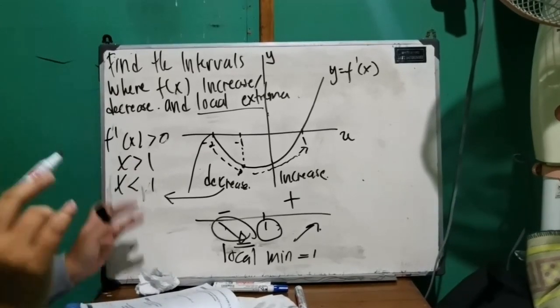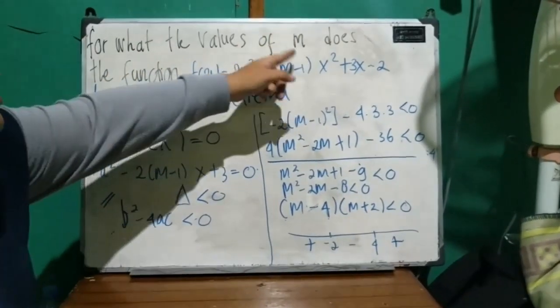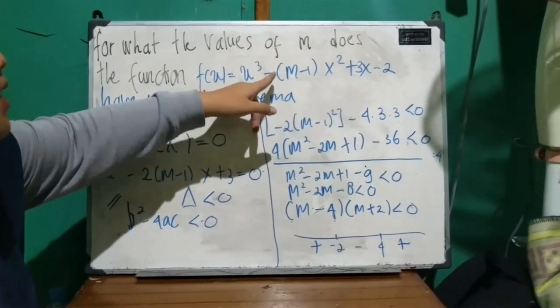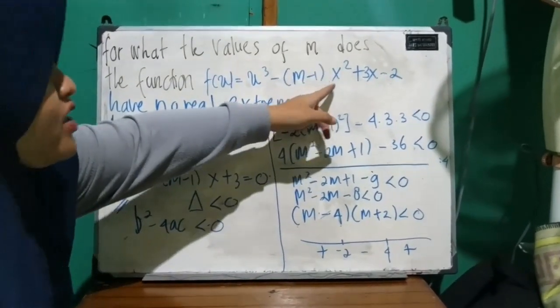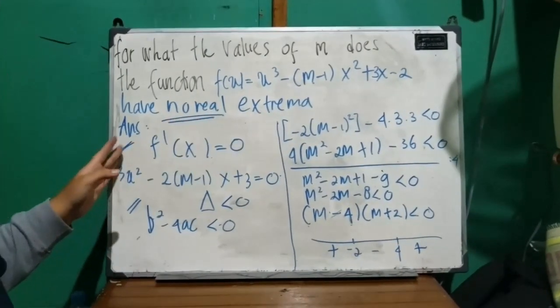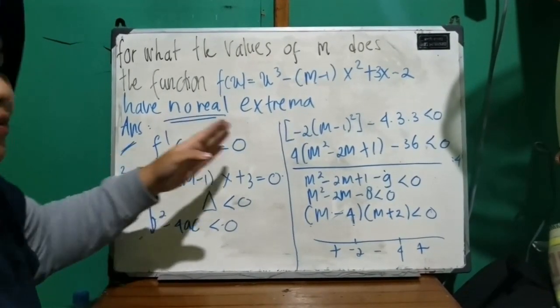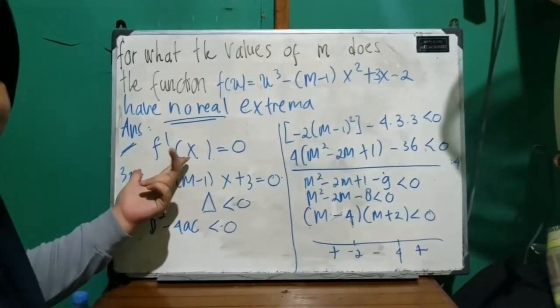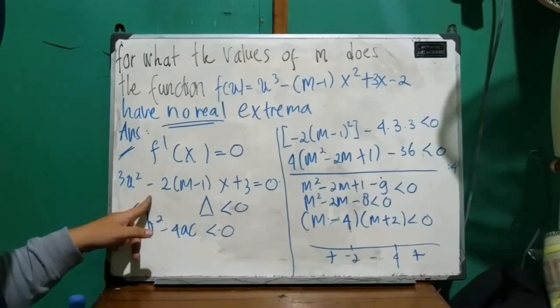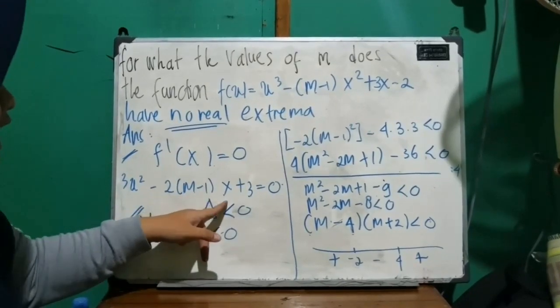Okay, everyone? Find the values of m such that the function f(x) equals x power 3 minus (m minus 1) times x squared plus 3x minus 2 has no real extrema. Because this talks about extrema, you need to find the first derivative equal to 0. The derivative is 3x squared minus 2 times (m minus 1)x plus 3 equals 0.